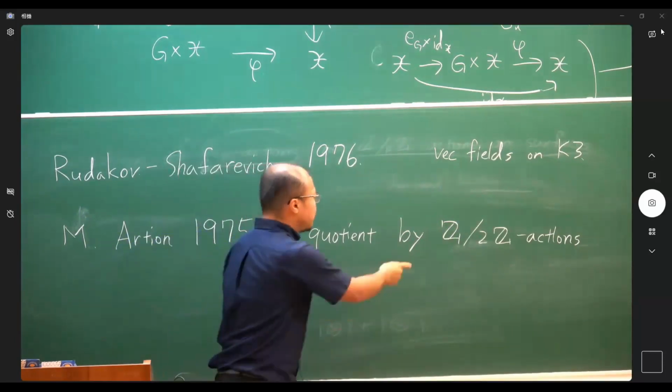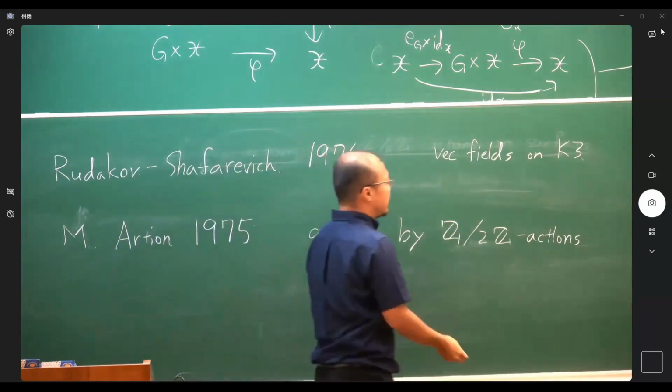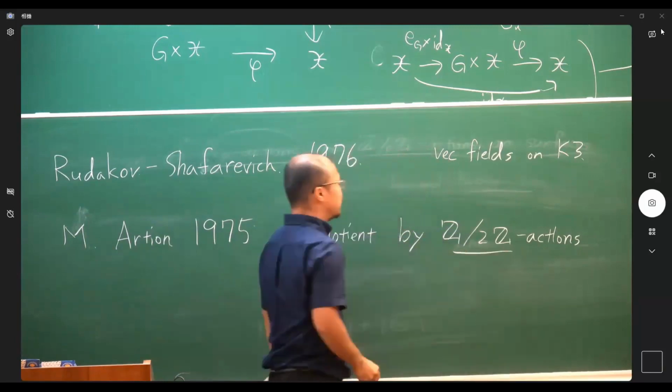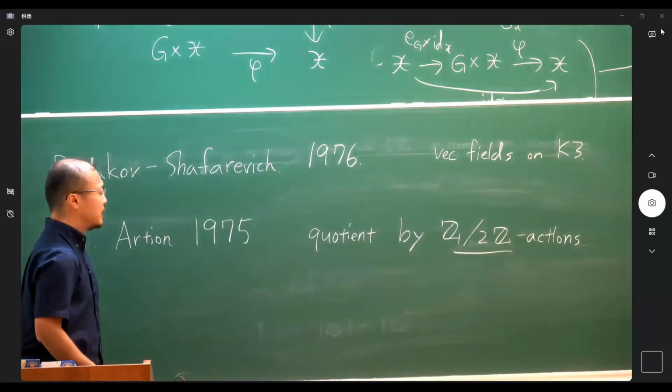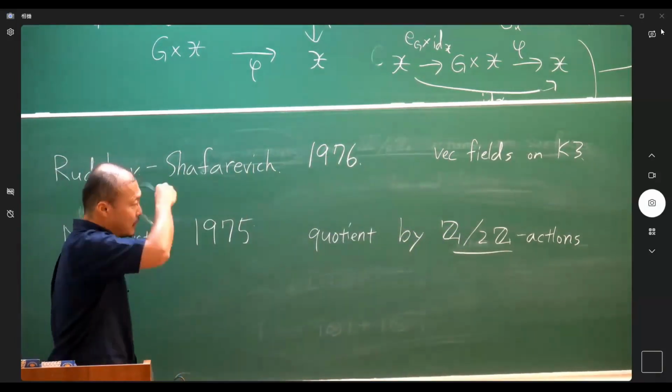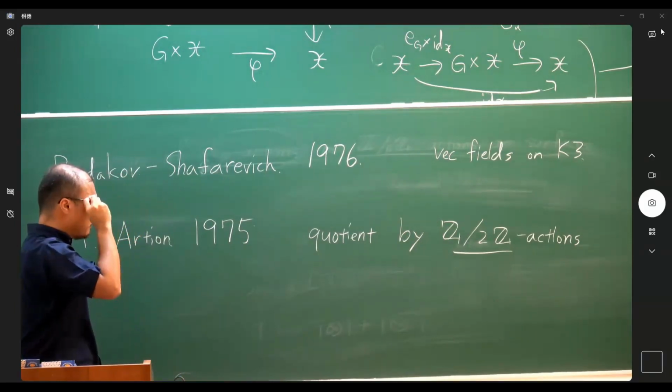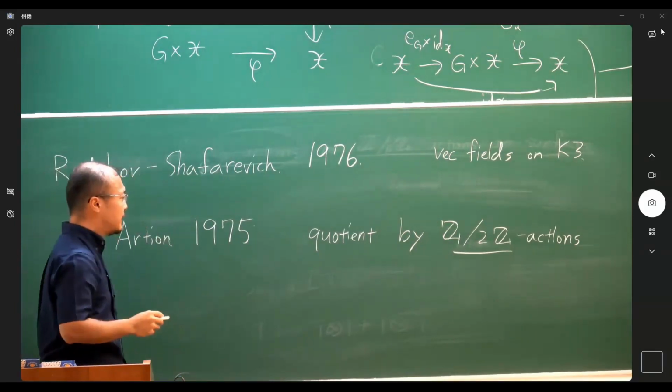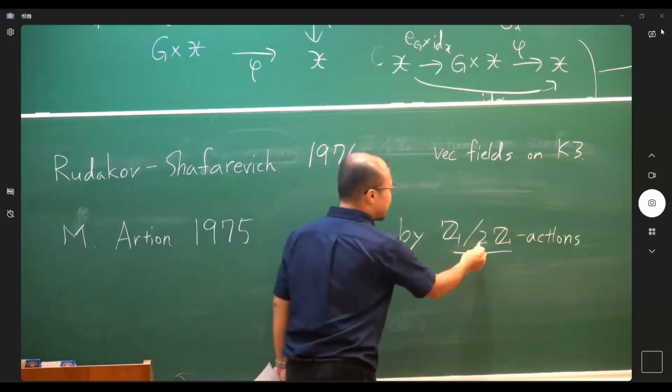In a positive characteristic case, in this case the quotient is Galois, the separable case, but it's very difficult to describe it.